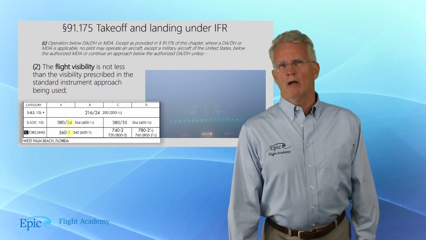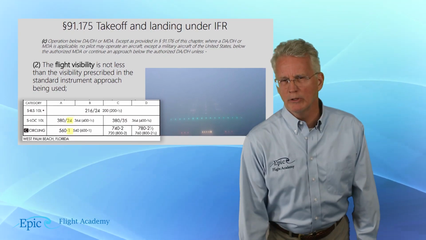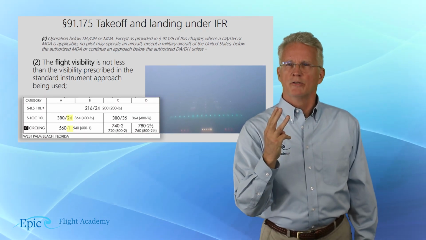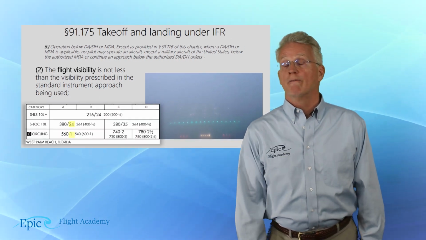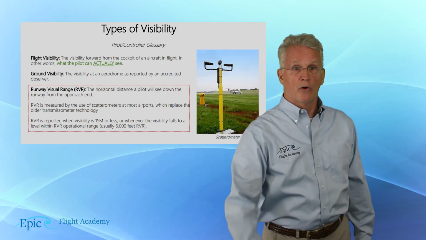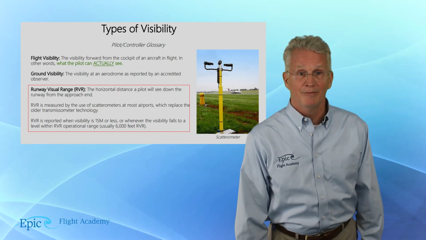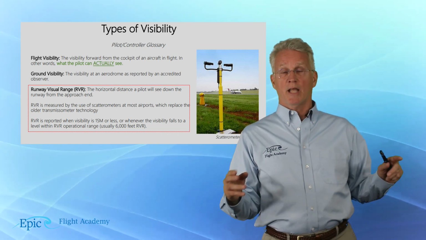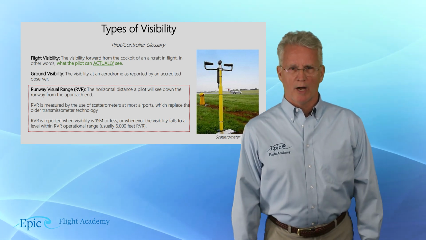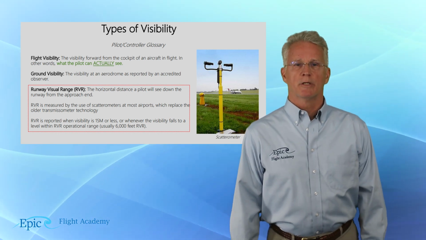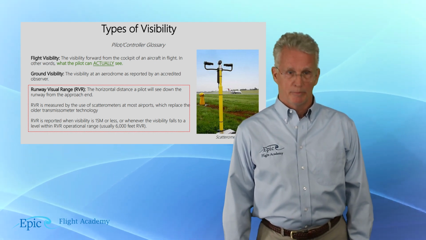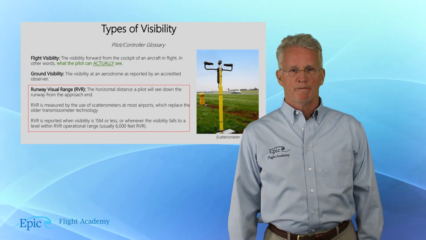Now, when we talk about visibility, be sure you understand that in general, we talk about 3 specific types of visibility. First is flight visibility. That is the visibility forward from the cockpit of an aircraft in flight. In other words, what the pilot can actually see. Number 2 is ground visibility. The visibility at an airport as reported by an accredited observer. And then finally, the runway visual range.